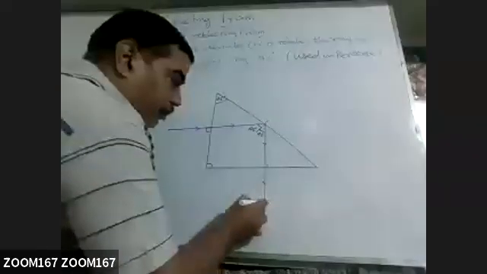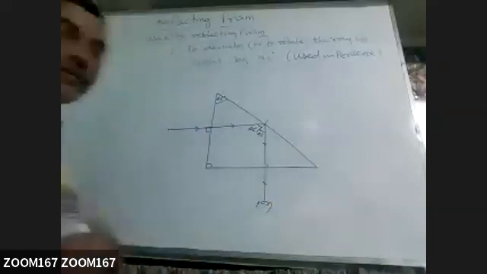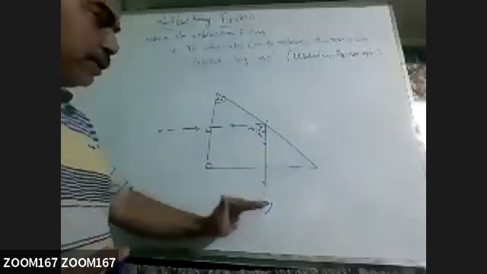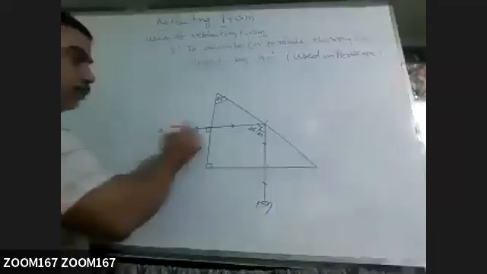So when we see from here, this surface will behave as a mirror. Reflection is taking place. This surface, when we see from here, will look like a polished surface, a mirror. So this object will appear somewhere here.